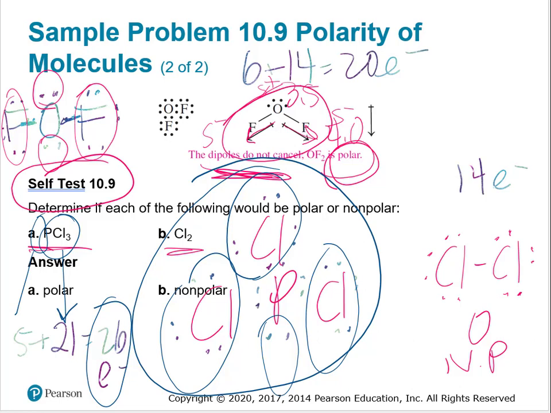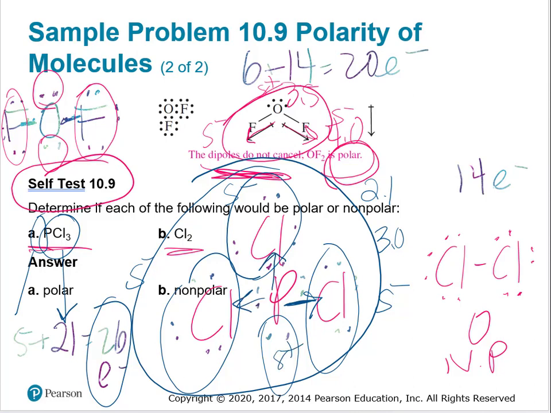And then I want to subtract my P and my Cl, which is 2.1 from P, and Cl is 3.0, so I subtract those two, that's 0.9. So each one of my P and Cl bonds is going to be a polar bond. My chlorines will be my slightly negative end. My phosphorus will be my slightly positive end.